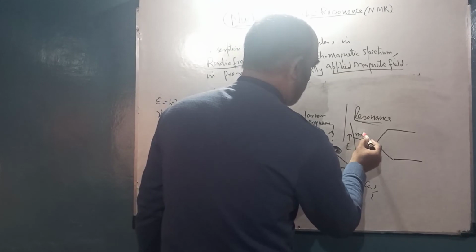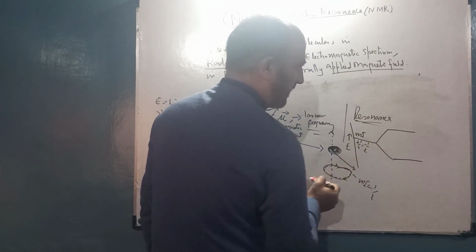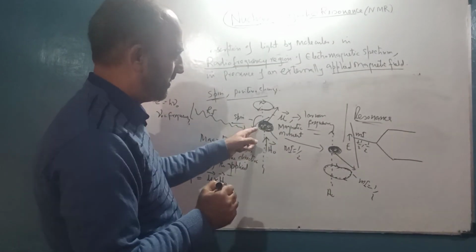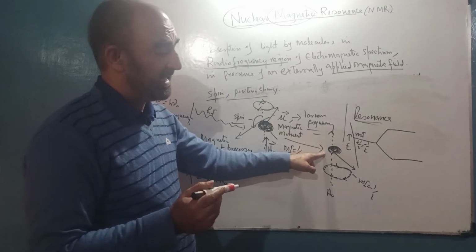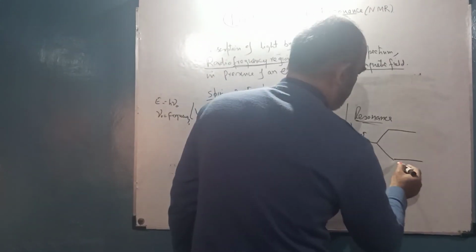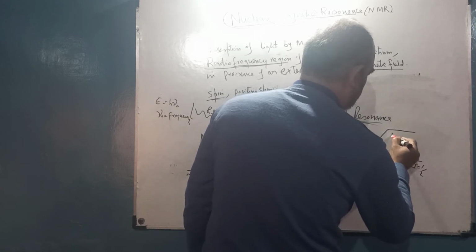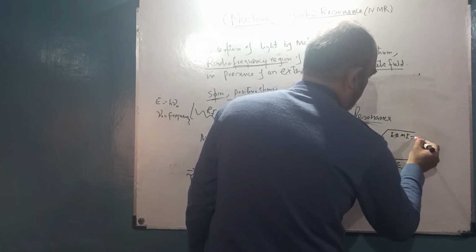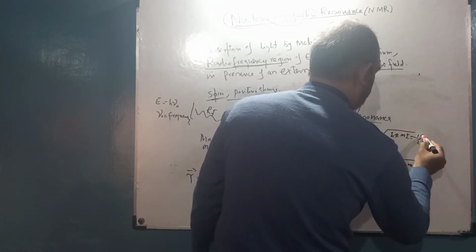Both the quantum states, m_I plus 1/2 and minus 1/2, are of the same energy, but when we apply the external magnetic field, these two orientations become different due to two different interactions with the applied field. So they lead to two different energies, this is the energy for m_I plus 1/2, and this is the energy for m_I minus 1/2. And when we apply the radio frequency photon, we can have a transition.